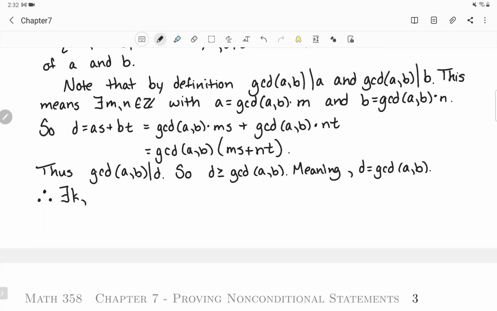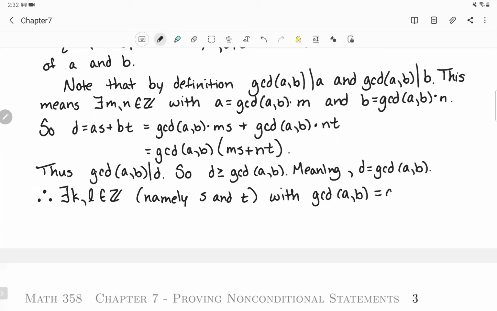There exist K and L in the integers, and we can say here, namely, S and T, because those are what we used, with the GCD of A and B equal to AK plus BL. Hopefully you wrote small enough.